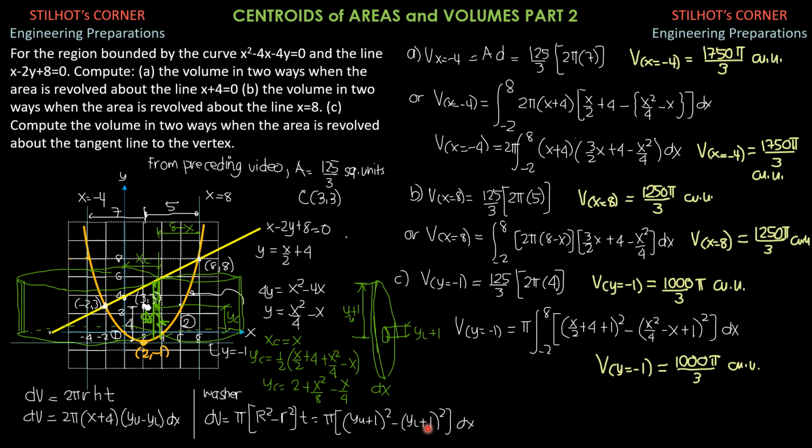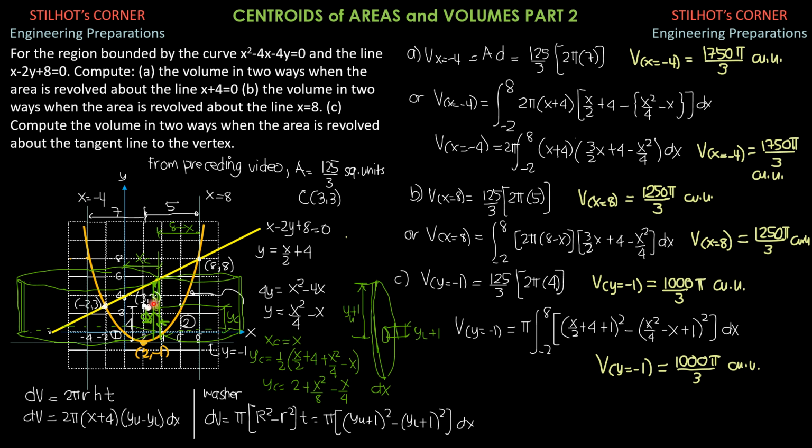Before substituting into the formula, let's apply the second proposition by Pappus: volume equals area times the distance traveled by the centroid. The centroid is at a distance of 4 units from the tangent, because it is 3 units above the x-axis, and the tangent is 1 unit below the x-axis.